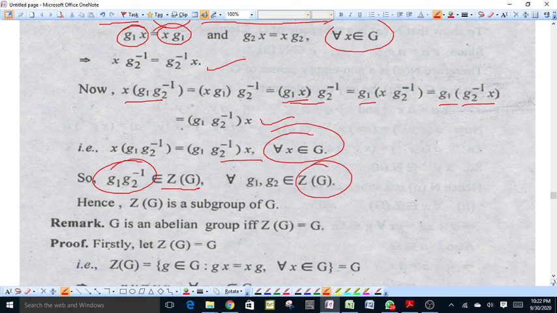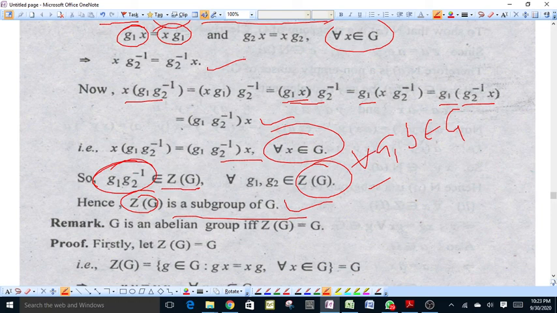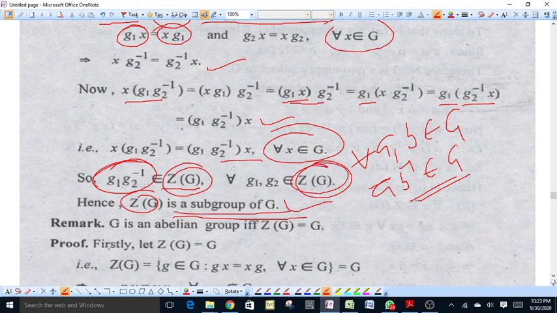Hence, Z(G) is a subgroup of G. This is the condition: if a and b belong to set G, and for all a, b elements of G, if ab inverse belongs to G, this means G is a subgroup. By using this property, because g1 g2 inverse belongs to Z(G) for all elements g1, g2 of Z(G), this means Z(G) is a subgroup of G.